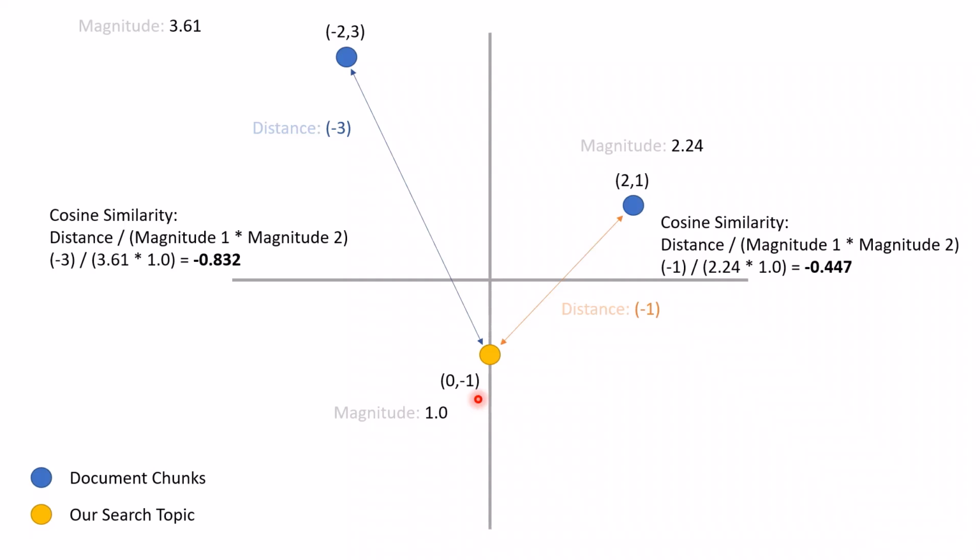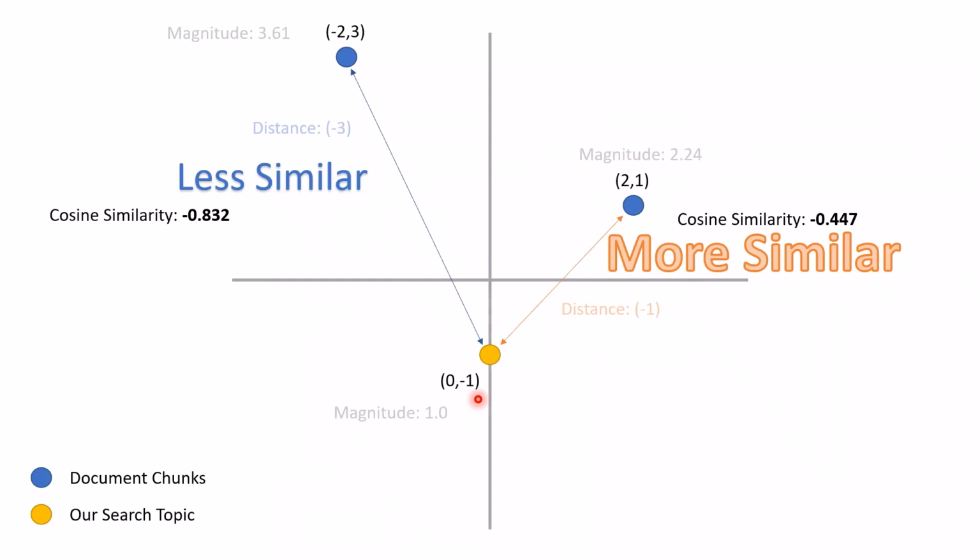The smaller value is to the right, and if you look at the lines, the second document is actually closer to our original question than the first one. So we would say that the second document is more similar, and the first document is less similar.